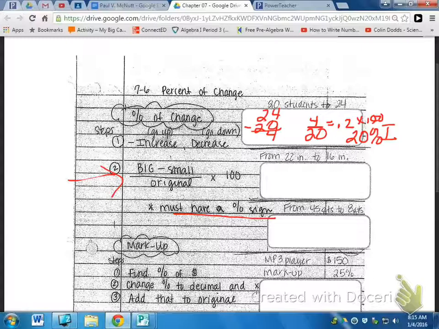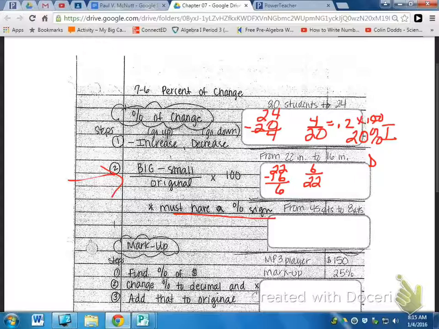Okay, from 22 inches to 16 inches, is that an increase or a decrease? Decrease. So this one's going to be a D. So I take the biggest minus the smallest and get an actual difference of 6. I take 6 divided by, what's the original number? 22. Now this time I really just can't do it in my head.